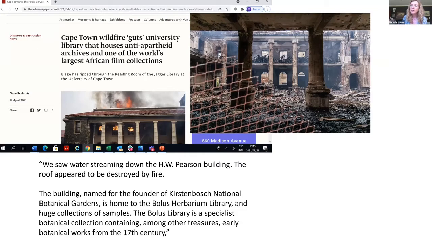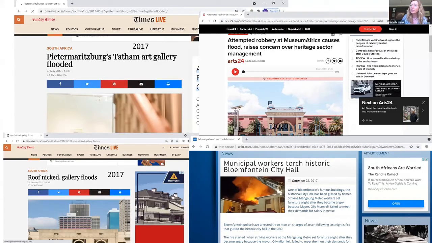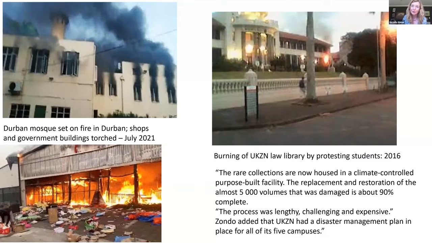Robberies, Museum Africa in Joburg. Part of the roof was stolen, then there was flood. It's just more and more and more. If you're on a university campus, there's potential for protesting students.